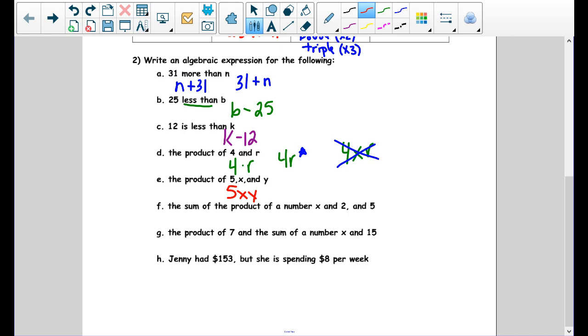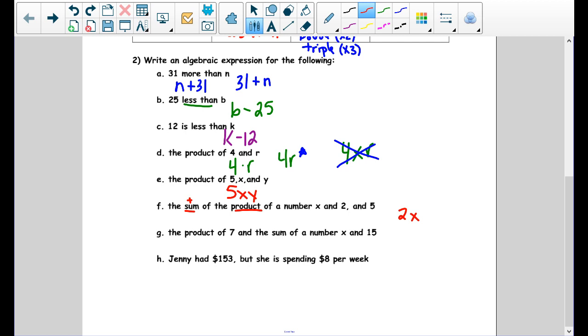F says the sum of the product of a number x and 2 and 5. A couple things going on here. We have sum, which is addition, then we have product, which is multiplication. What am I multiplying? x and 2. So 2x, that's my product. Now what am I adding? I'm adding the product, or the answer, and 5.